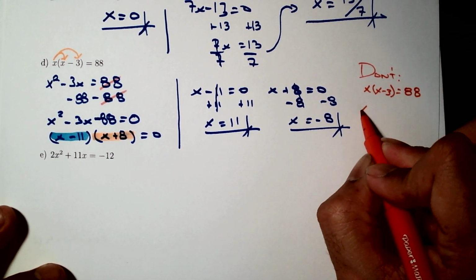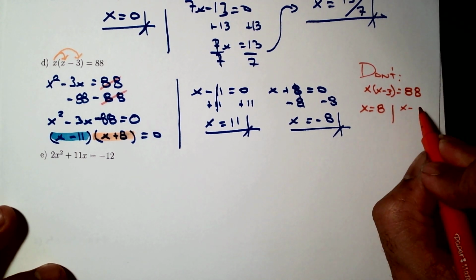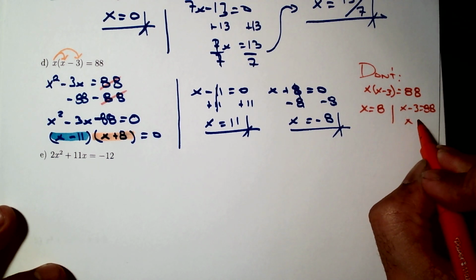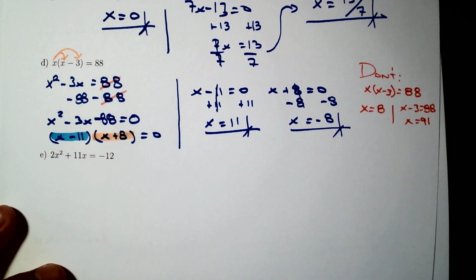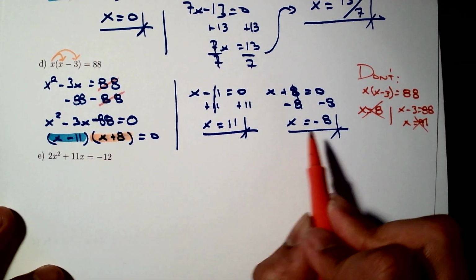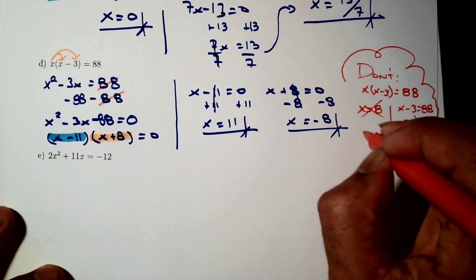So don't do this. X equals 88 and x minus 3 equals 88, which gives x equals 91. If you look at this, these are not the same solutions as we had over here. So don't do this.